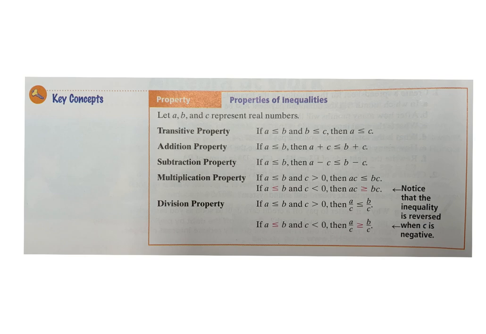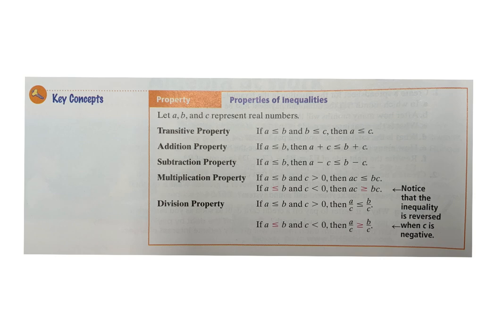But for multiplication, negatives will change it, okay? So if it is greater than 0, if it's a positive number, you multiply and divide exactly like you would. If it is a negative number, remember negative just means changing it to the opposite, okay? And so since we're multiplying or dividing by a negative number, we're changing both sides to the opposite. We are also changing the inequality sign, okay?